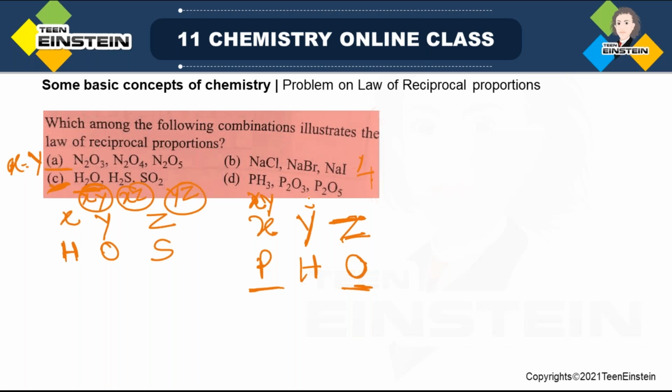Now the third compound, that is also XZ, isn't it? Though the atomic ratio is different, it is also a compound of X and Z. So here also 3 elements are present. But remember, the mere presence of 3 elements is not necessarily the criterion. 3 elements must be present and also it should be like this, as you are seeing in option C. That is, the compounds should be all the combinations XY, YZ and ZX.